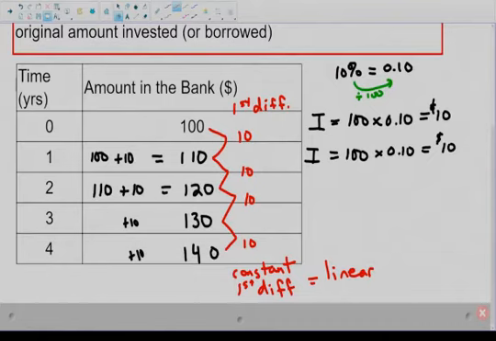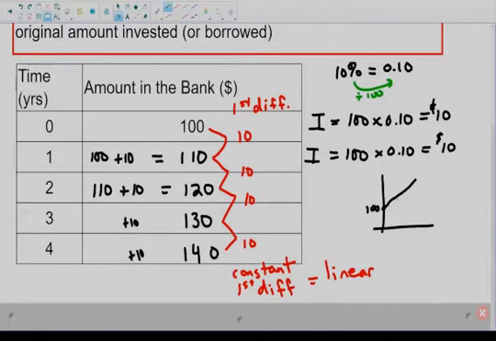So if we were actually to graph this scenario, we'd be starting at 100, and we'd be going up at a rate of $10 every year, and this would be a straight line. I'm making my line worse and worse. Let's try that again.